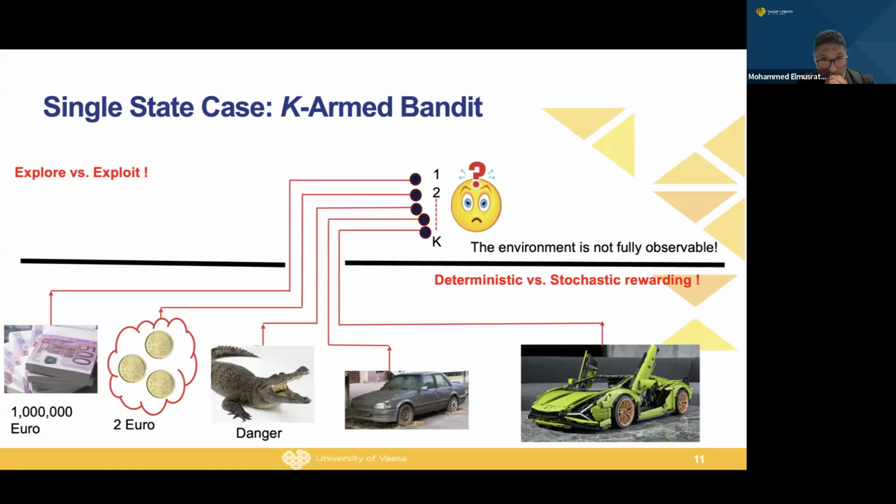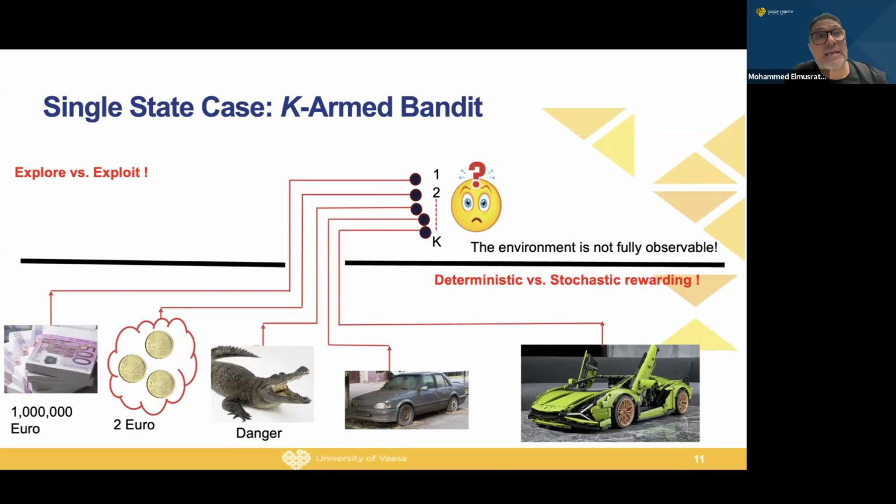Now you want your reinforcement learning agent, or you want to build an intelligent agent, to explore first and then maximize its reward. This is maybe the simplest reinforcement learning we can model: we have a static case and an instantaneous reward or punishment. So the feedback is instantaneous.